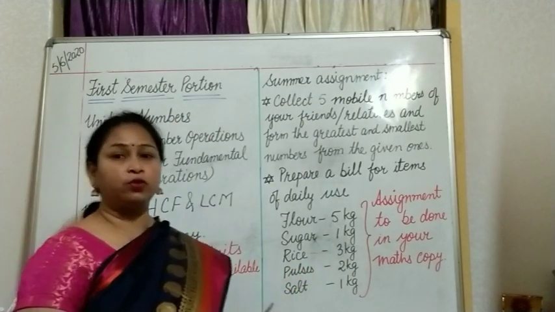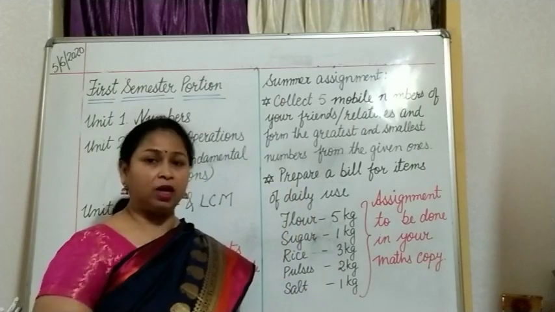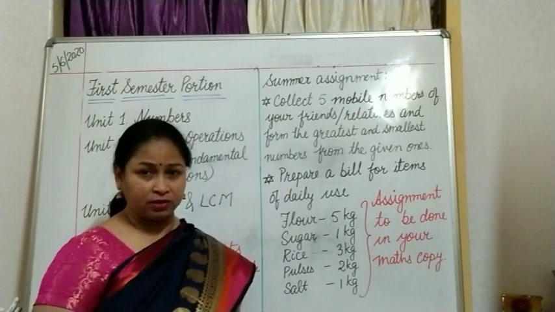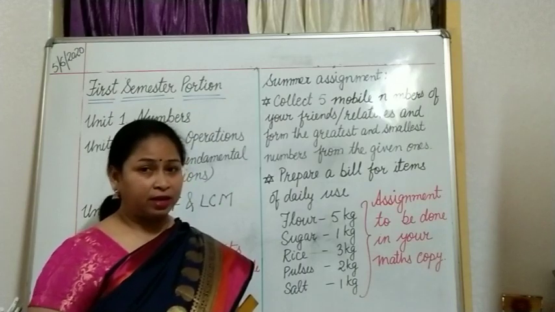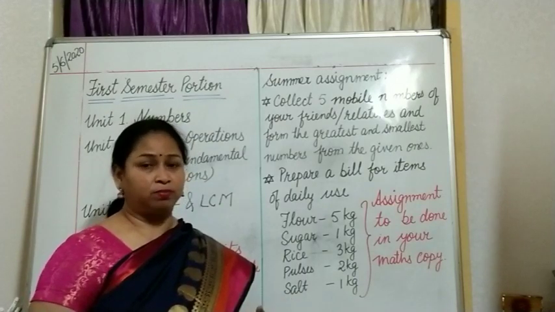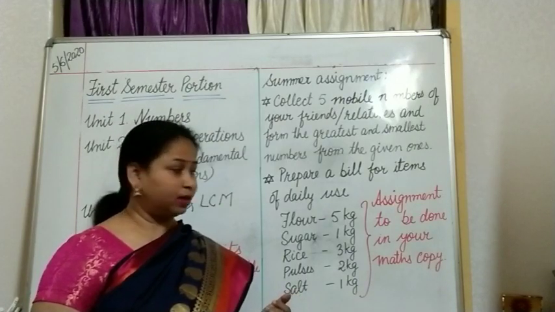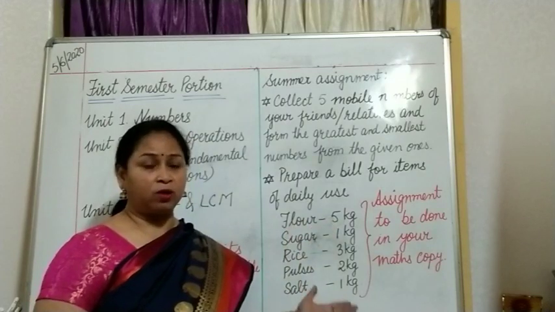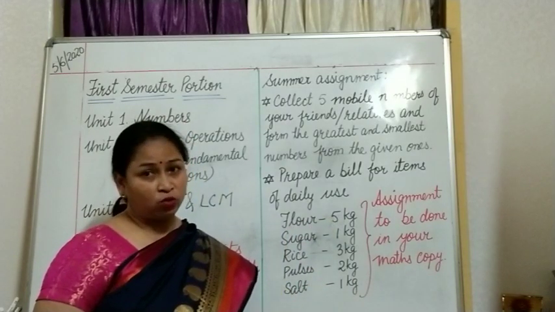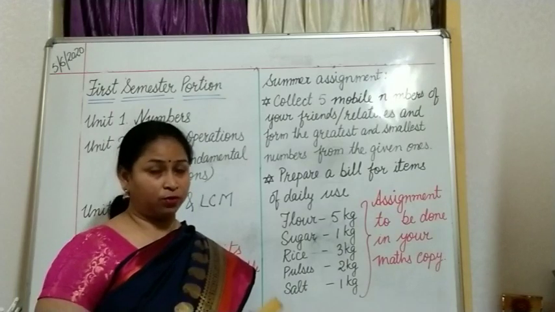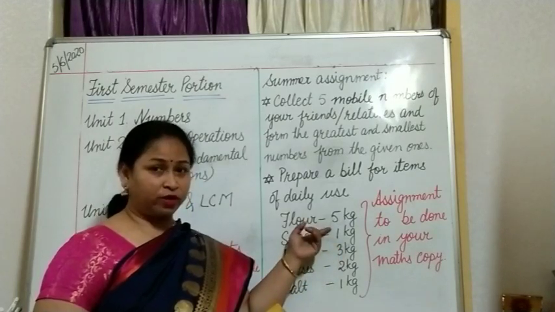Now how do you have to do this? The arrangement, the layout of the bill, I hope it is clear, isn't it? So that layout you have to make, and then you can take help of your parents and complete this work. Why am I asking you to take help of parents? Because you need to know the cost of the flour you are going to calculate for this.